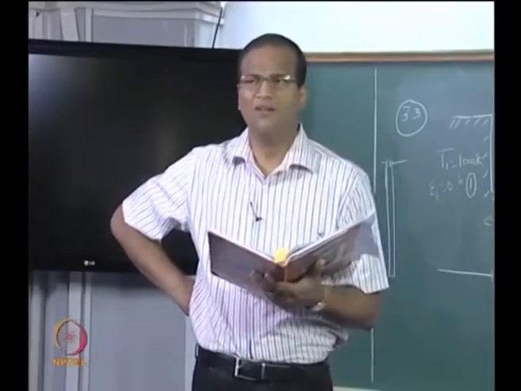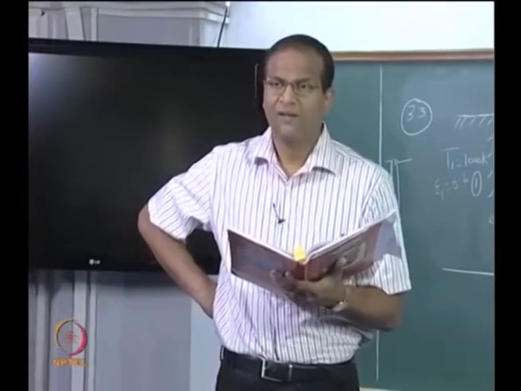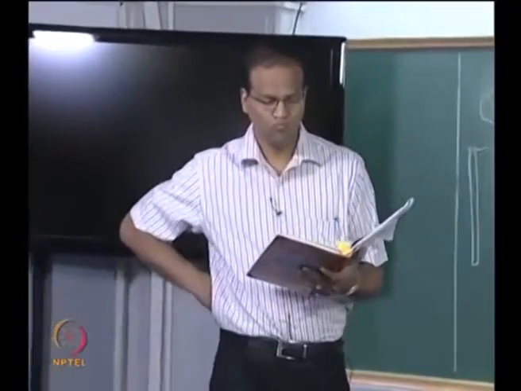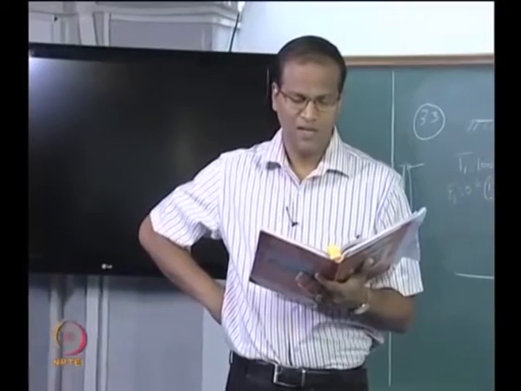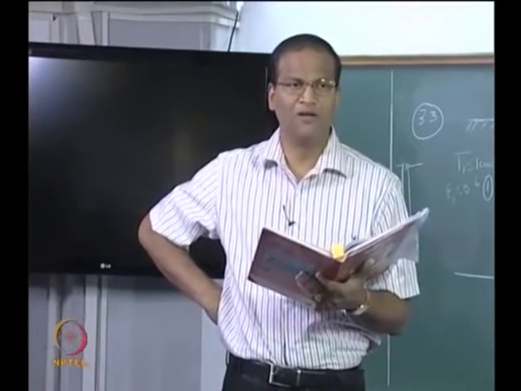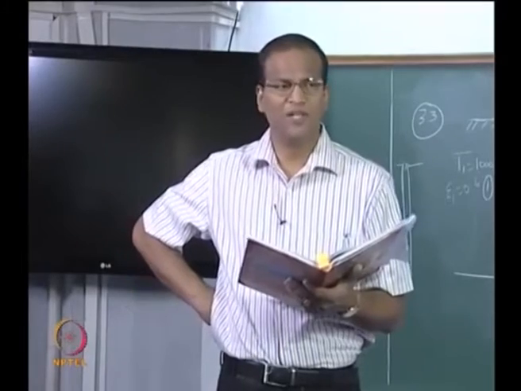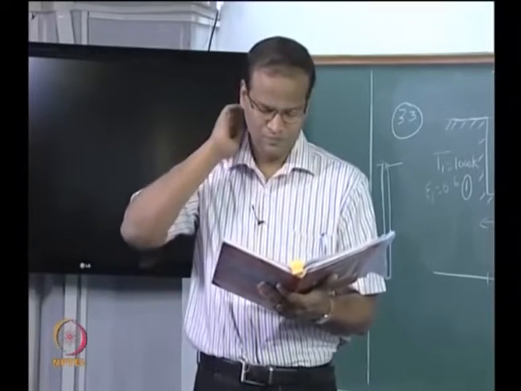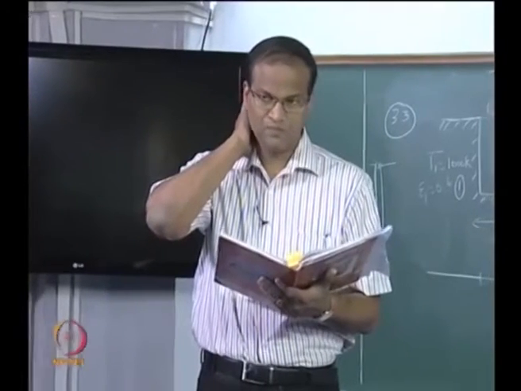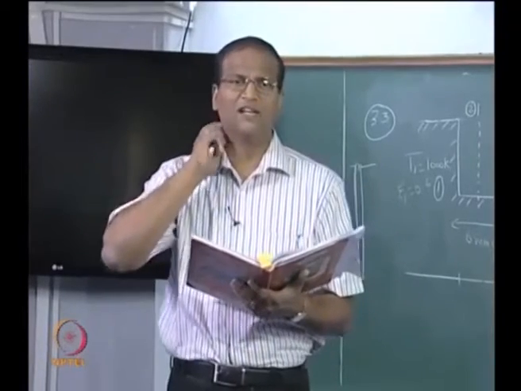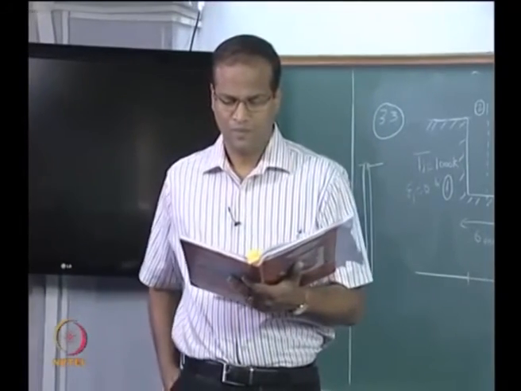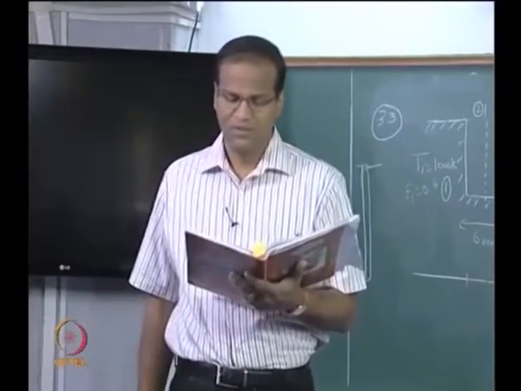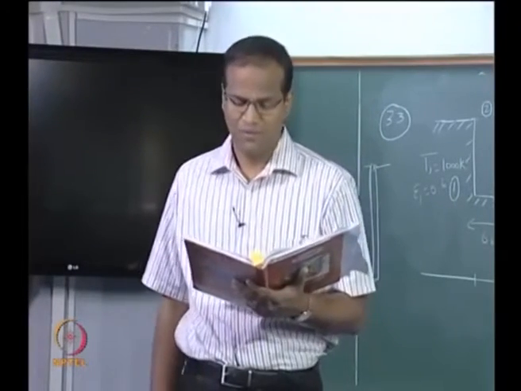In all the problems this will come, gray diffuse. In a gray diffuse material having an emissivity of 0.6 and a uniform temperature of 1000 Kelvin. The surroundings are at 300 Kelvin. Gray diffuse material, emissivity 0.6, temperature 1000 Kelvin, full stop. Surroundings are at a temperature of 300 Kelvin, full stop.